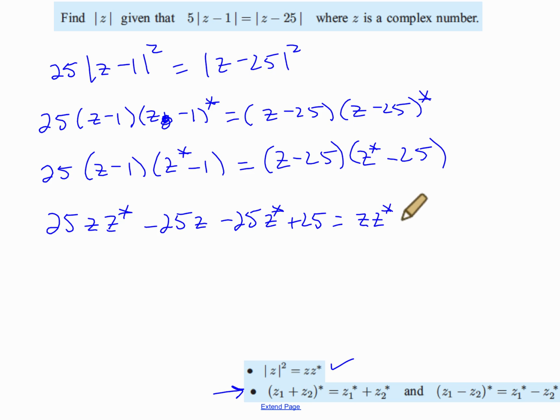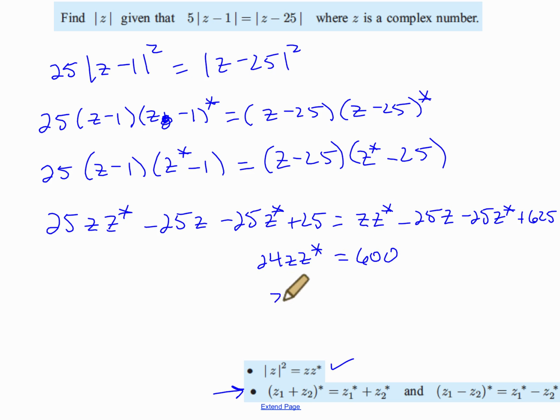I want to make a ZZ Top joke, but I won't, but I guess I sort of did. Okay, and if we clean all of that up, we end up with 24zz* is equal to 600.